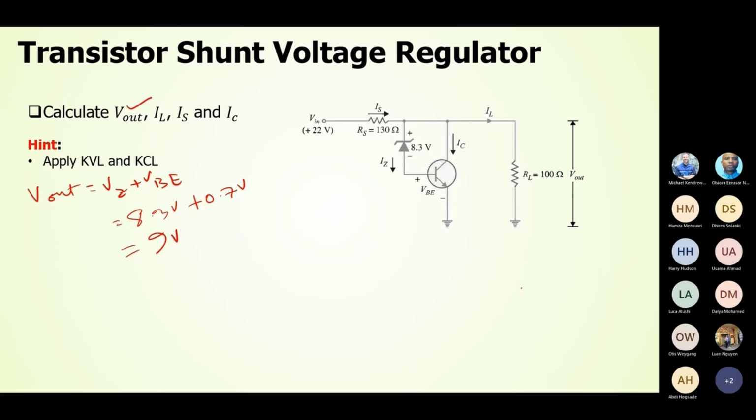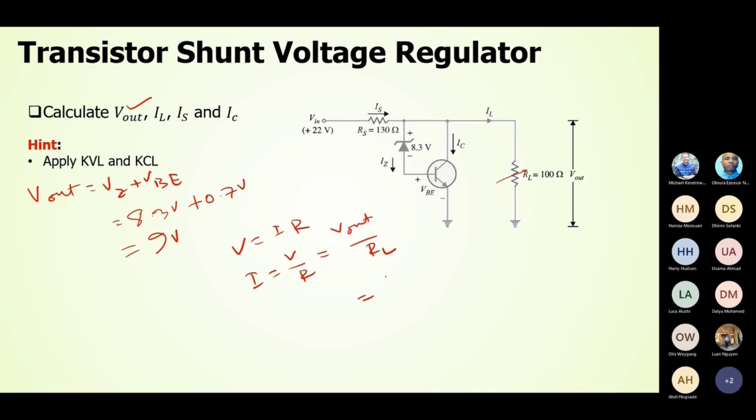Now we know the current through our load. V equals IR, so I equals V over R. Here it is V out over RL. So what is V out?